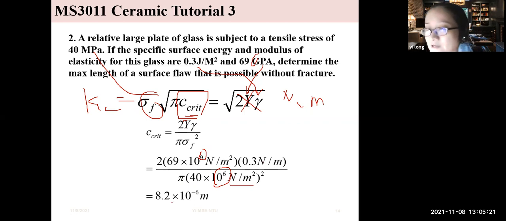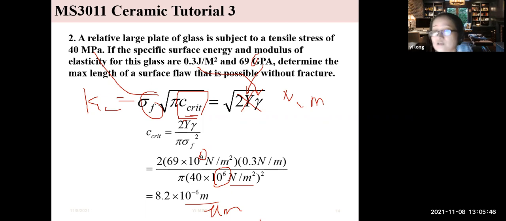After the calculation, I know that it is 8.2 times 10 to the minus 6 meters, which is 8.2 micrometers. So you can see actually the crack is very small. You cannot even see it with your eyes. It's only 8.2 microns. That's why, as I said, even though your handphone and everything have full of cracks on the surface or pores, it's just not big enough.